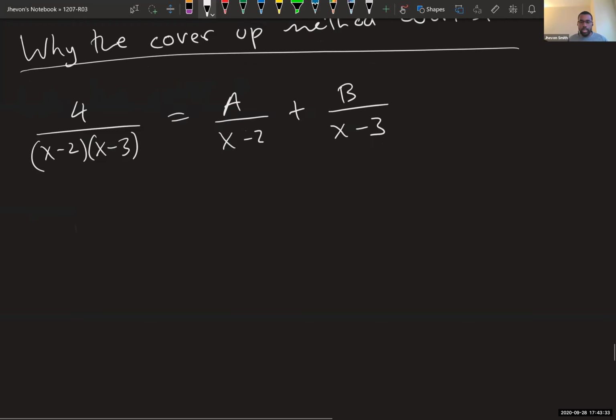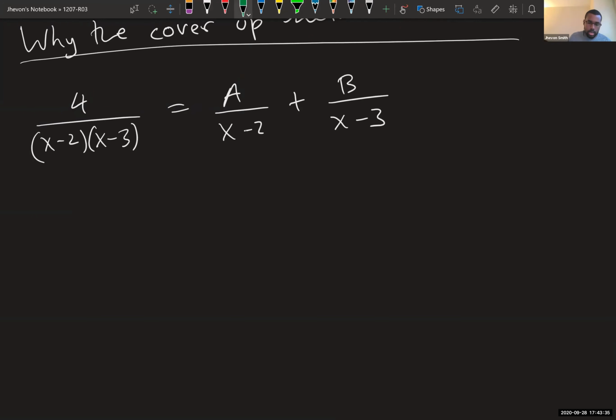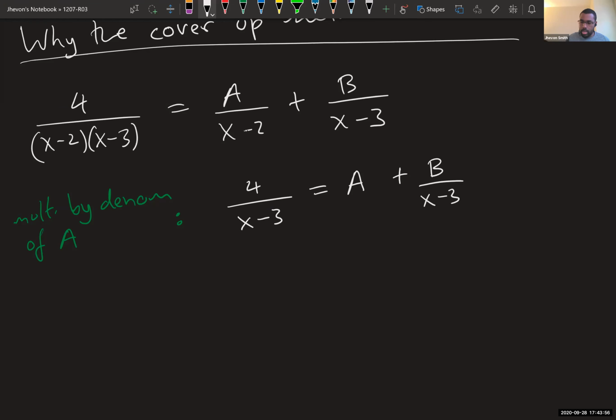Now, what you can do here is multiply by the denominator of a, and we would end up with this kind of situation. So I multiply both sides by x minus 2. That's going to cancel that, and the b will have that.